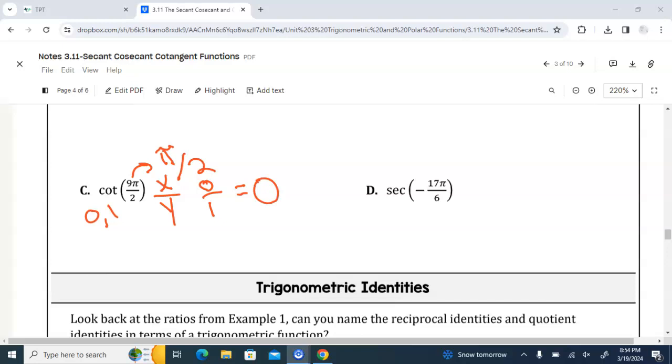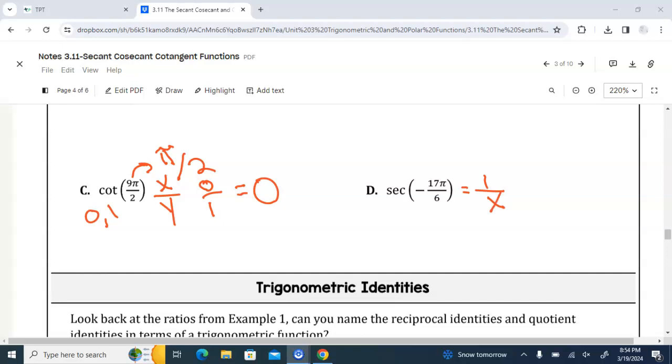All right. Now remember with tangent, that was an asymptote because we had a 0 on the bottom. All right, D, secant. So when we're looking at secant for our unit circle, that's going to be 1 over cosine, so it's going to be 1 over x.